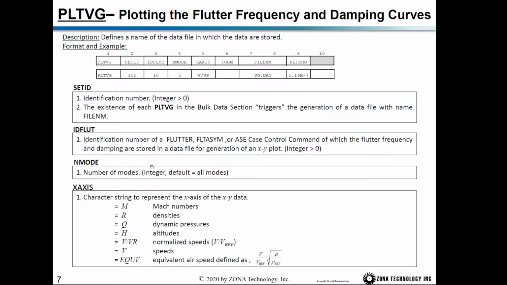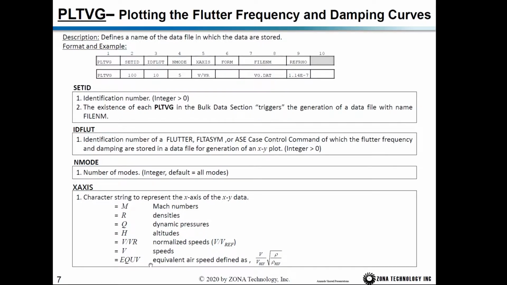For the X-axis you have an option. You can plot the damping and the frequency as a function of Mach number, as a function of density, as a function of dynamic pressure, as a function of altitude, and as a function of normalized speed, and also EQUIV speed.